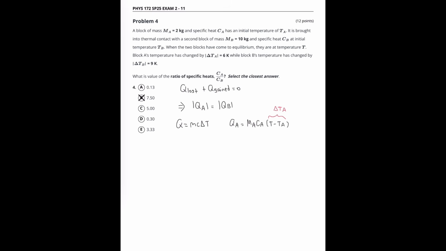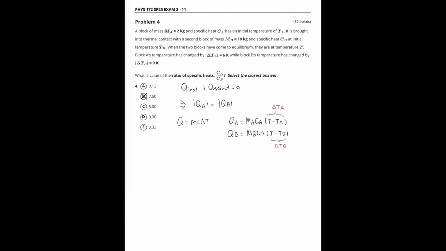And for our heat transfer of B, it's equal to the mass of B times specific heat of B times the change of temperature, T minus Tb, and that is delta Tb.